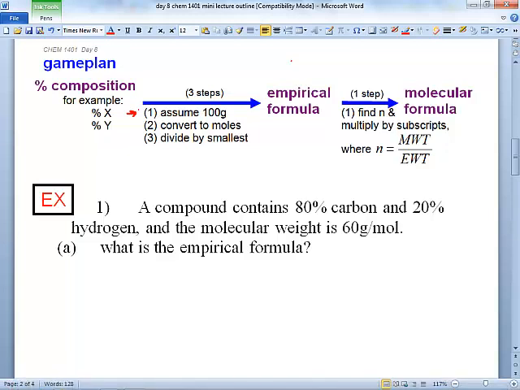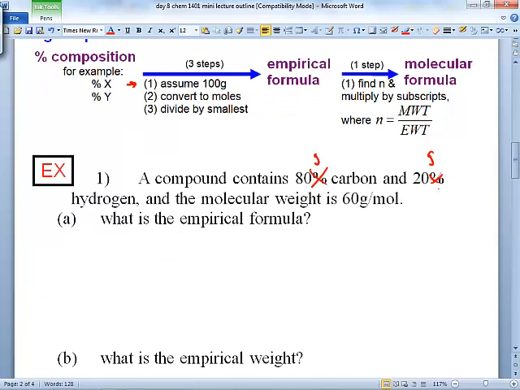Yeah, 100 grams total. And it's 80% carbon. How many grams of carbon would I have? 80. That's why you assume 100 grams, because then all you do is change all the little percents to little g's, right?